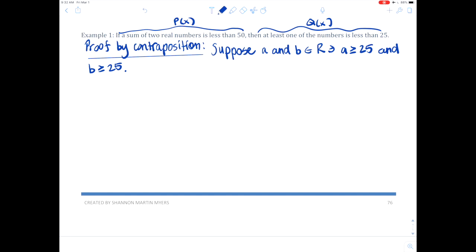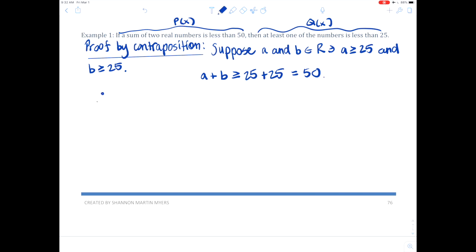So, all right, if this is true, A plus B is going to be what? Greater than or equal to 25 plus 25, right? But what's 25 plus 25? It's 50. Good so far?